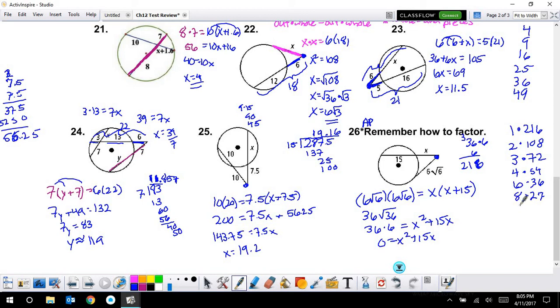When you do 9, you'll have 9 and 24. And you could keep on going with your other numbers. I know to go ahead and stop there because I see the difference between these is 15.